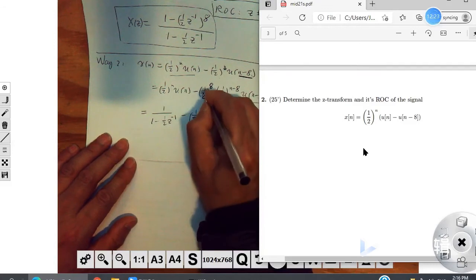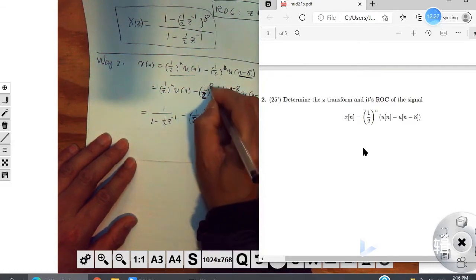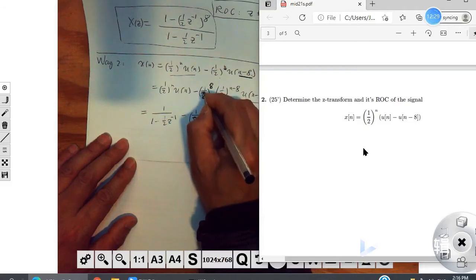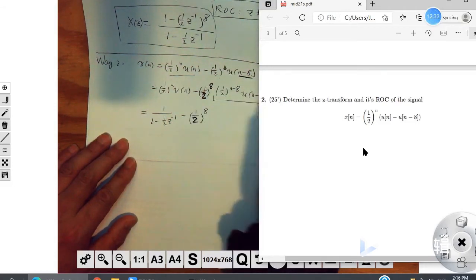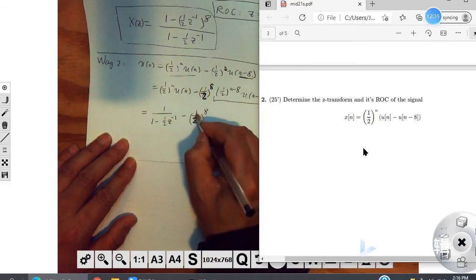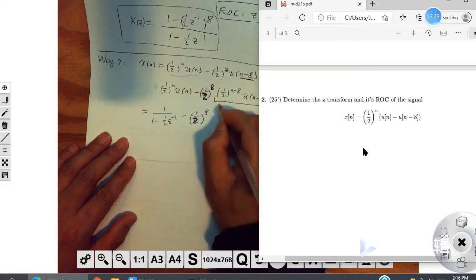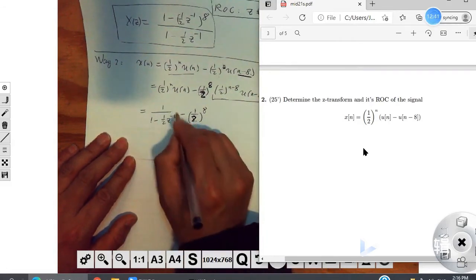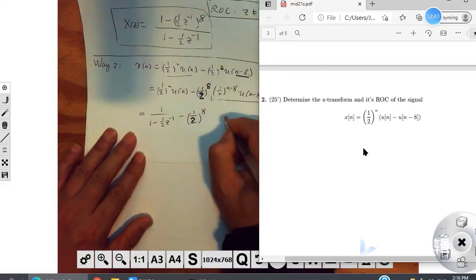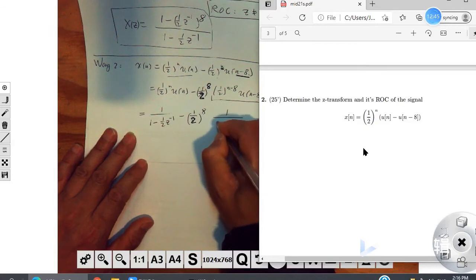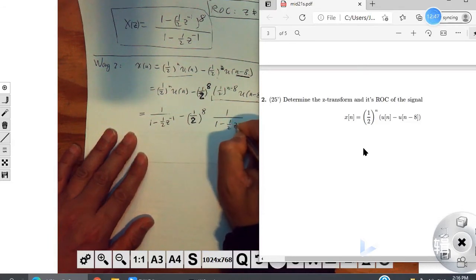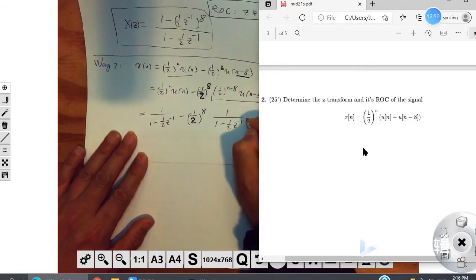When I write, I try to write this 2, but I'm speaking 8, so I put 8 here. It should be 2. This is 1 over 2 to the 8th. And then this part is shifted: this one is shifted by 8, so it is 1 over 1 minus 1/2 z to negative 1, shifted by 8.